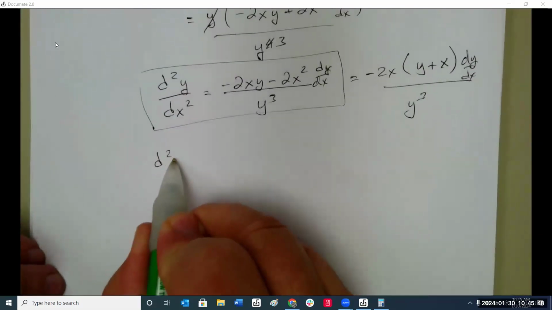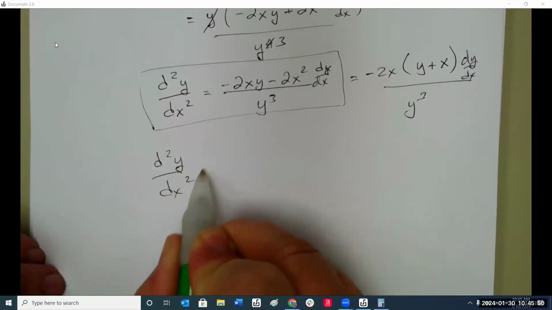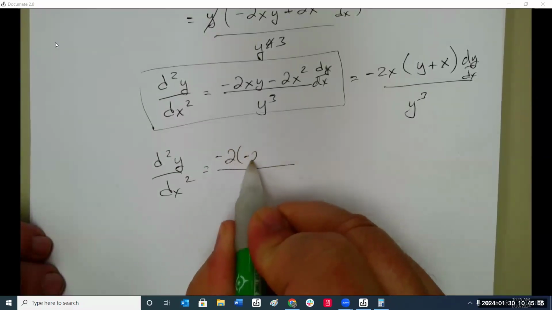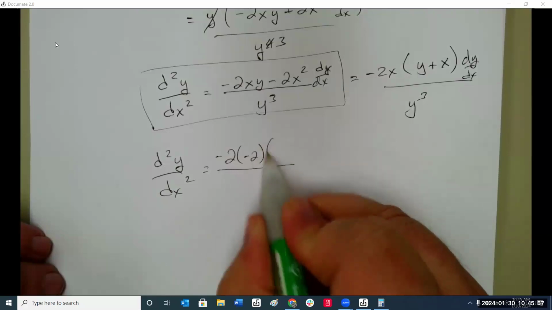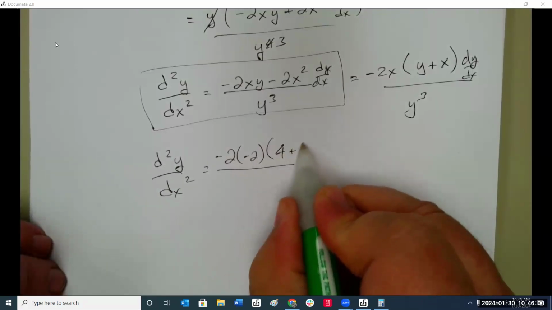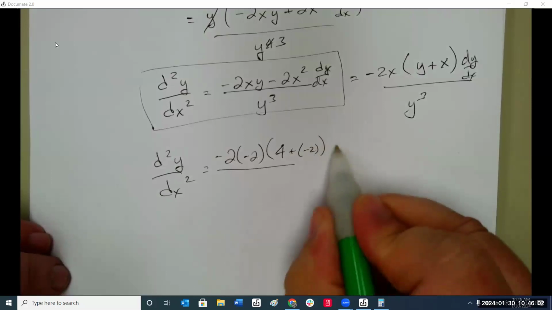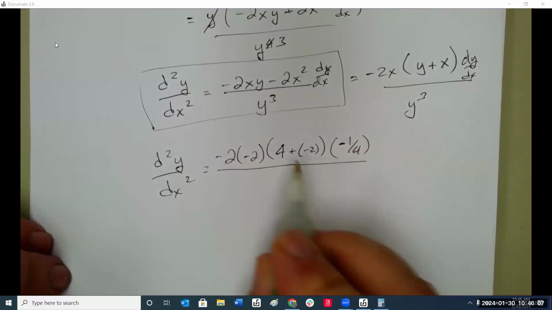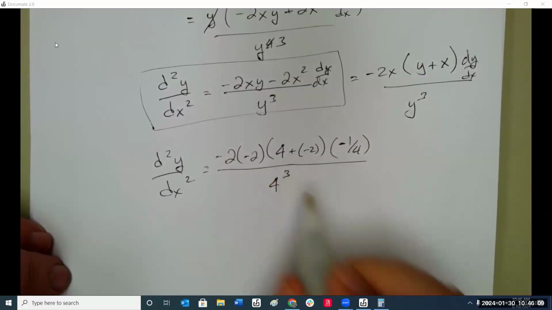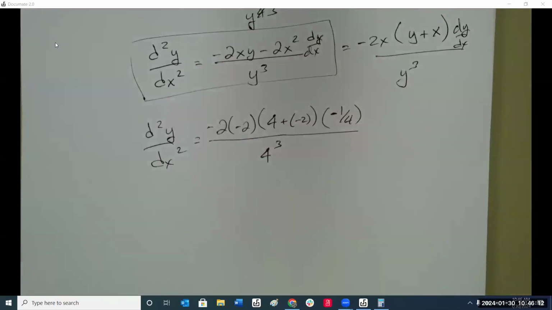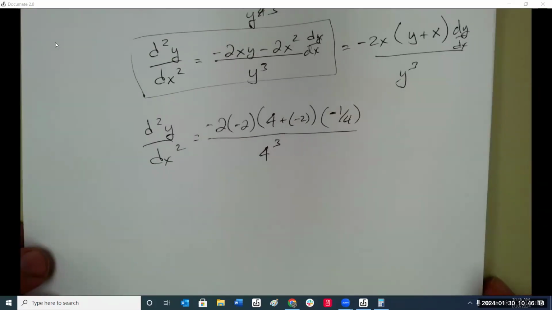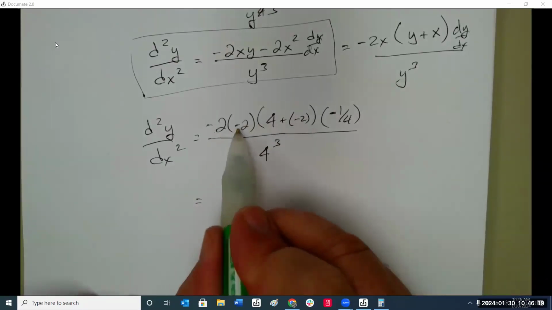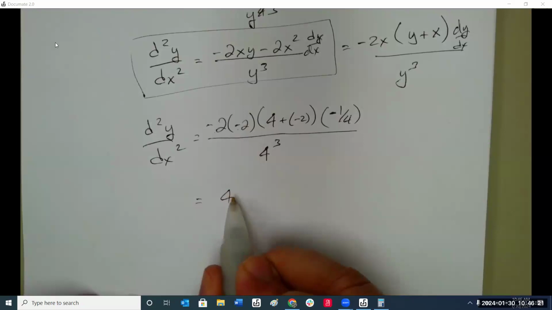So d squared y dx squared is equal to negative 2, x is negative 2, times y, which is 4, plus negative 2, dy/dx was negative 1/4, over 4 cubed. Now we just do the algebra. Negative, negative is a positive 4.